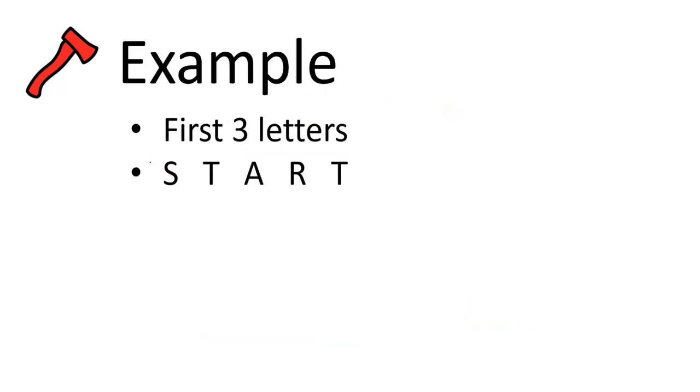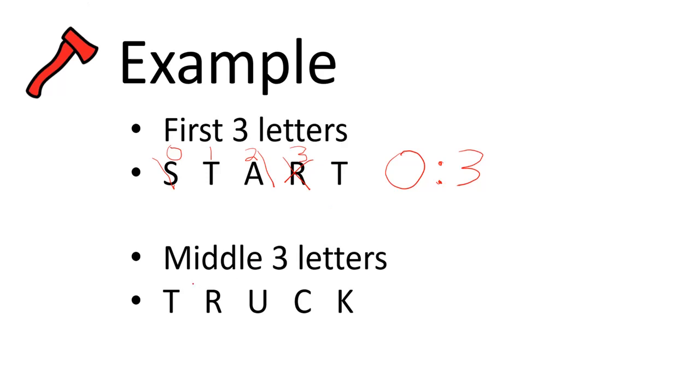A couple examples. Let's say we want to slice out the first 3 letters. 0, 1, and 2. So again, we start at 0, colon, and we need to go up to the 3 because that's where we stop, but we don't include that. So that's how that would look. Let's say we wanted to grab the middle 3 letters. So these right here. There's a couple ways you can do this. It's the beauty of Python.